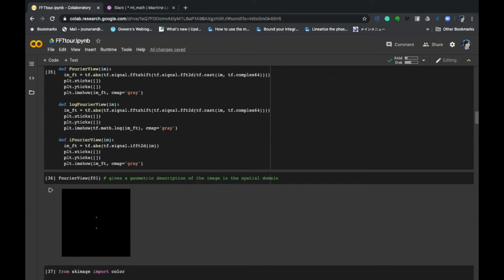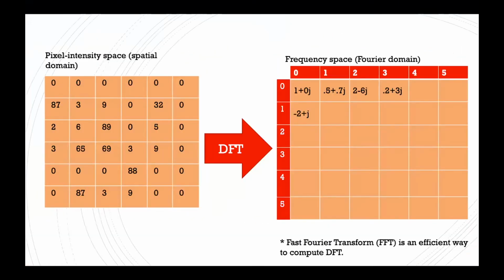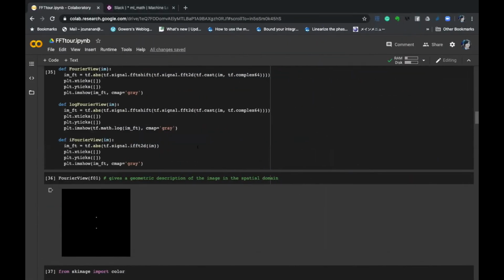On this photo, the frequency 0,0 is in the center. So if we go back here, what I mean by frequency 0,0 is this. The important thing about looking at the Fourier transform side is that it gives you a geometric interpretation, a geometric property of your photo.